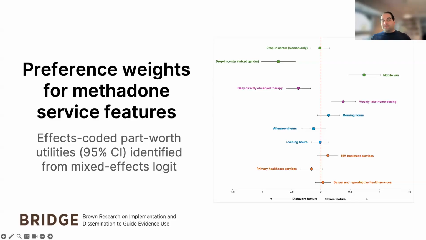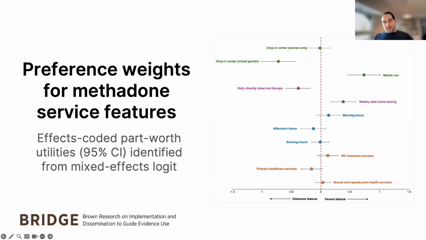They had really negative preferences, or they really disfavored having to go to existing methadone clinics, which we've described here as drop-in spaces or drop-in centers that had both men and women in those spaces, and they really did not want to have to go to a specific place or venue to receive methadone every day.